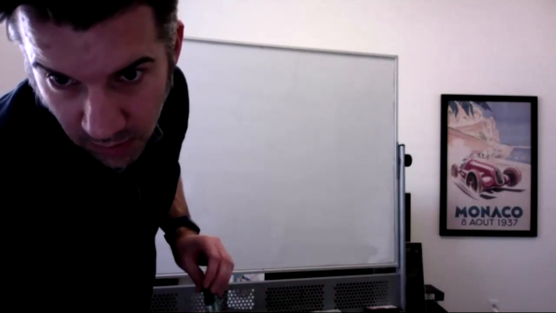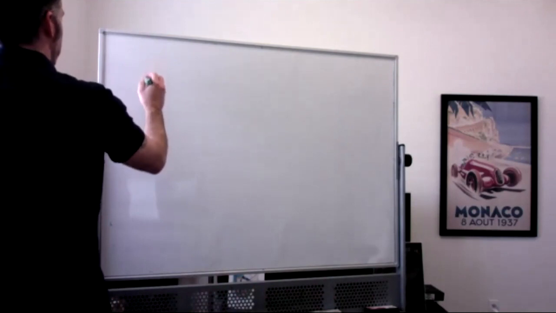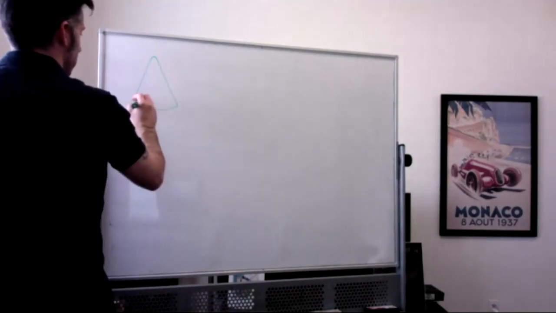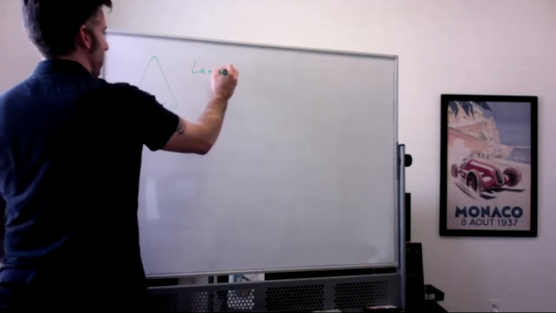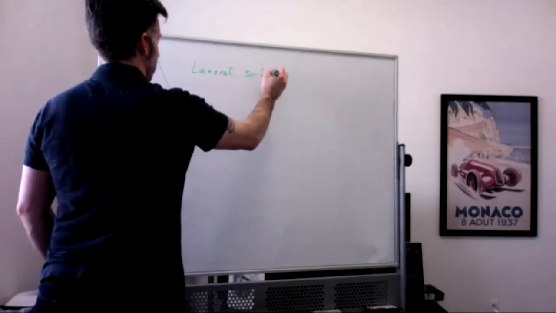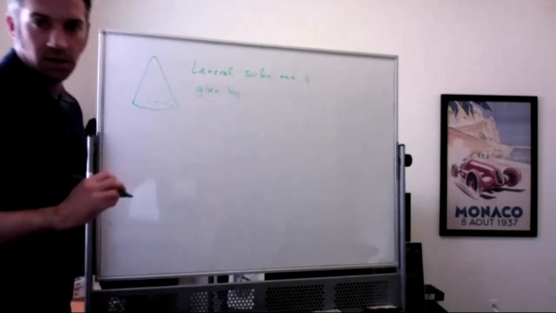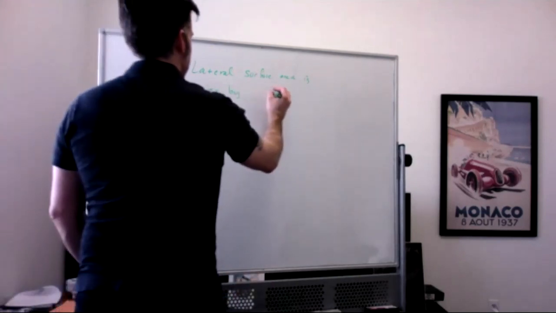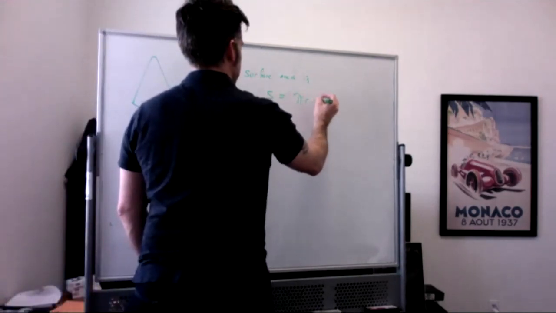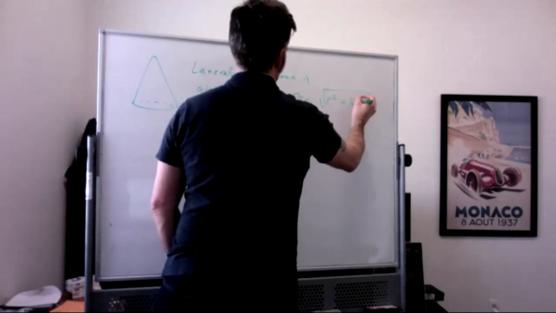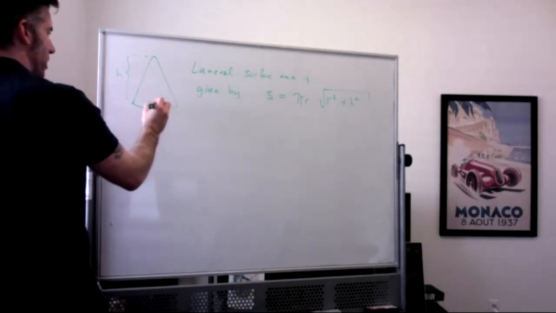For a cone, the lateral surface area is given by S equals pi r times the square root of r squared plus h squared, where this is the height and this is the radius.